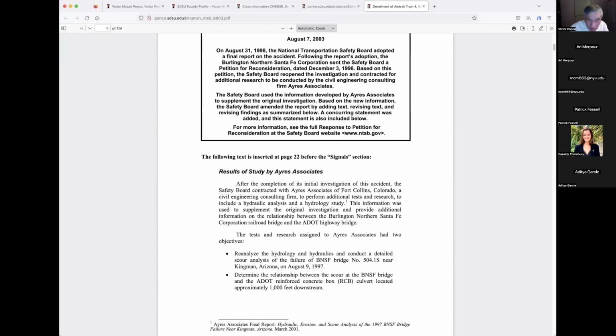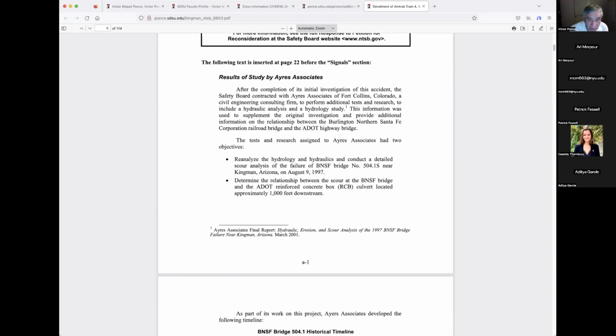That's why they're saying in here, determine the relationship between the scour at the bridge and the ADOT reinforced concrete box culvert located approximately 1,000 feet downstream of the creek. The creek, by the way, doesn't have any name. Why? Like I already told you, there's 1,000 creeks out there.